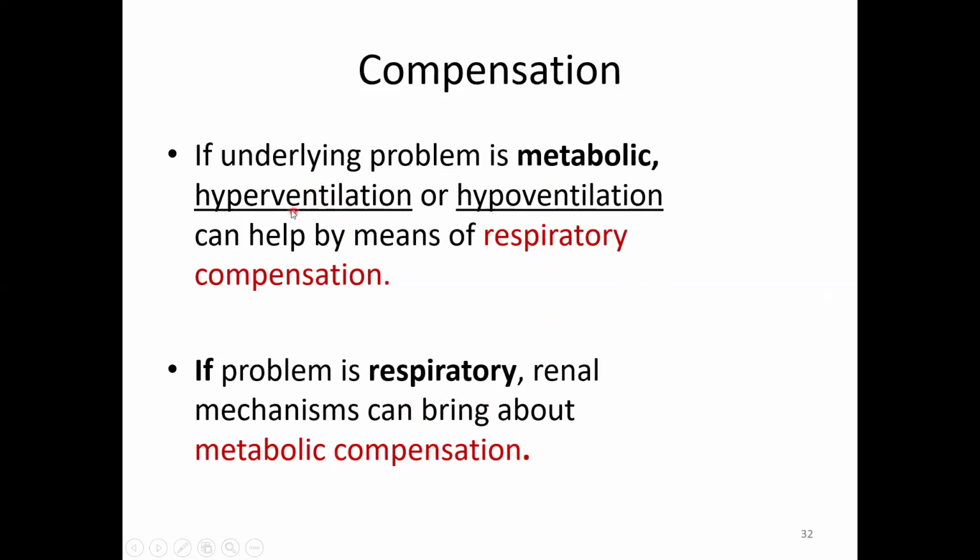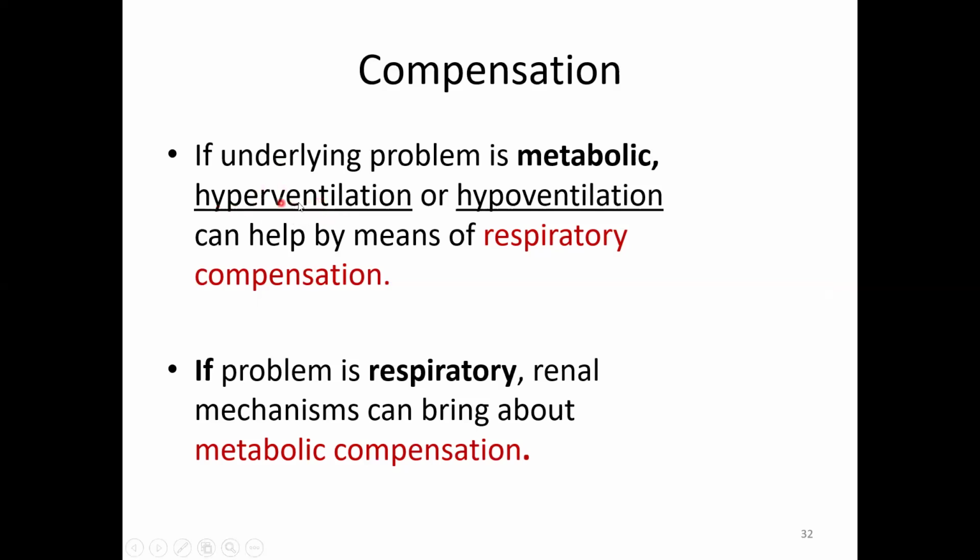The respiratory compensation is hyperventilation or hypoventilation. If there are more hydrogen ions, the body wants to remove them: they are formed as carbonic acid, which dissociates into hydrogen and carbon dioxide, and more carbon dioxide is exhaled out.